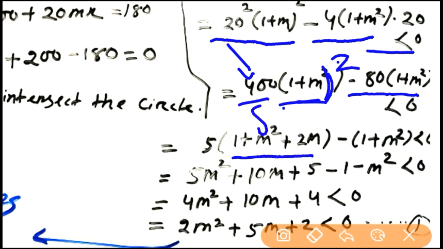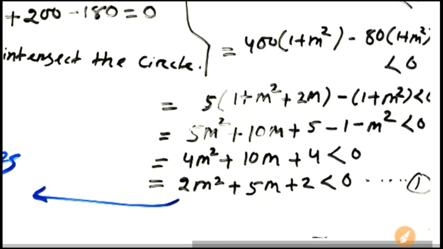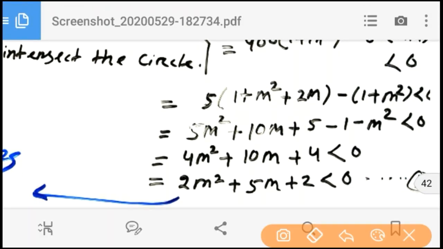We divide both sides by 80, and 400 by 80 is 5, 80 by 80 is 1. So we arrange it, and we get the final equation: 2m² + 5m + 2 less than 0.